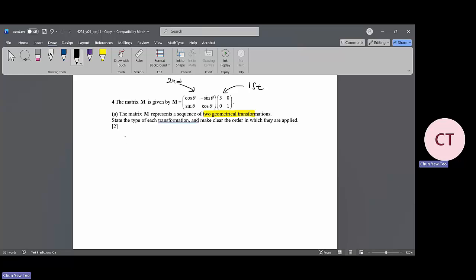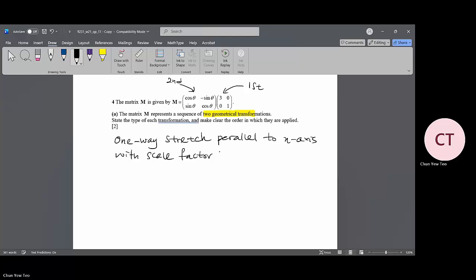So the first transformation is actually a one-way stretch parallel to the x-axis with scale factor 3. Okay, because the value here is 3, so the scale factor is 3.